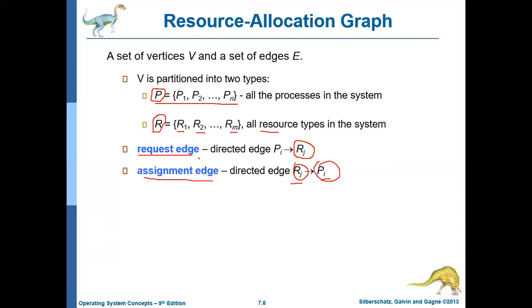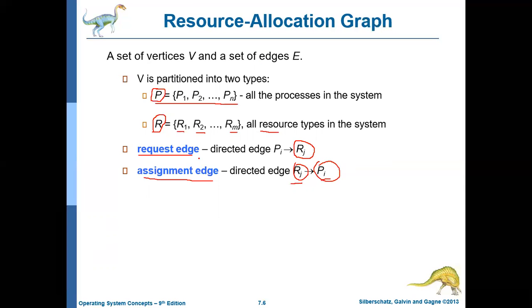So the resource allocation graph contains two types of vertices. One is the set of processes, which are represented as Pi. The other is the set of resources, which are represented as Ri. And it has two types of edges. The first one is the assignment edge. If a resource is already assigned to a particular process, then there will be an edge from that resource to that process.